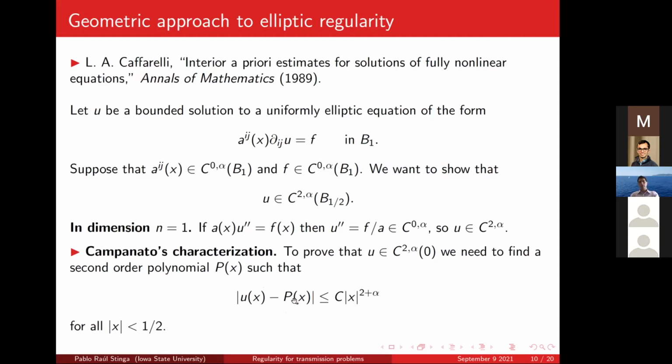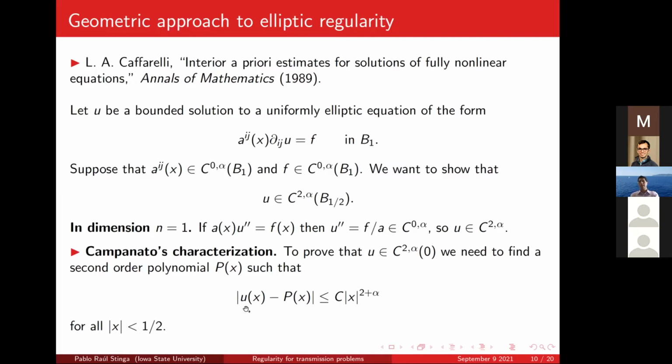So I need to find a quadratic polynomial P, which in the end will be the second order Taylor polynomial of U, right? I need to find a quadratic polynomial P such that U detaches from P in a C2 alpha fashion, right? So like x to the 2 plus alpha, okay? For all x less than 1/2.